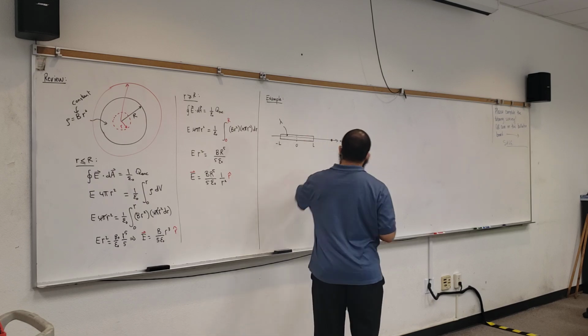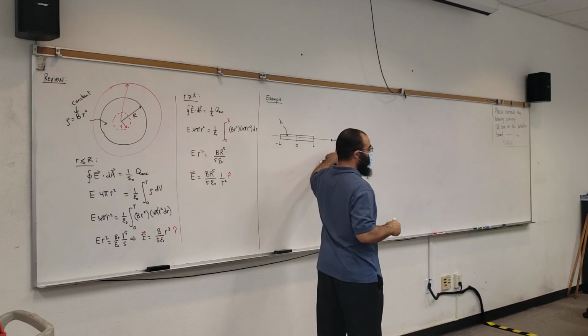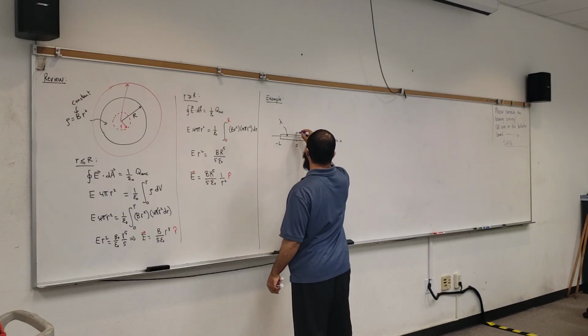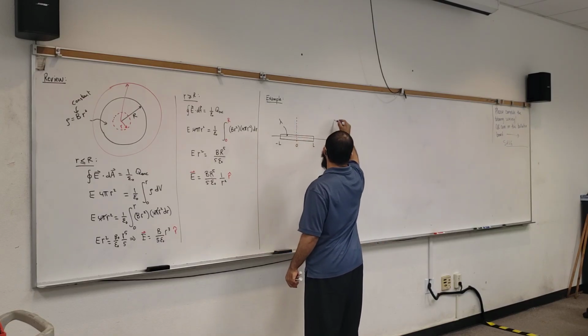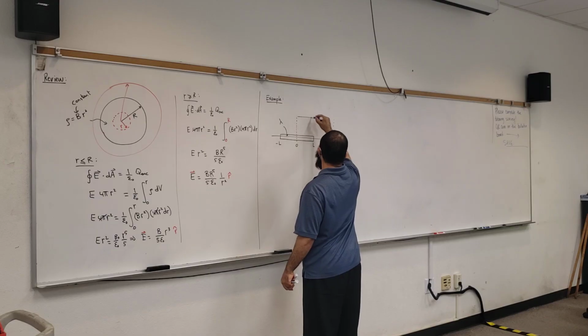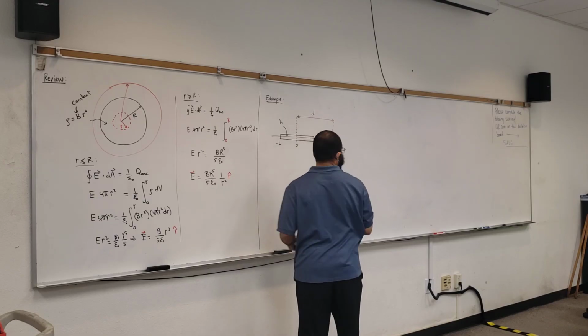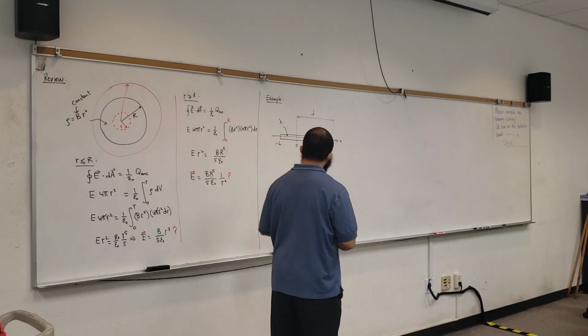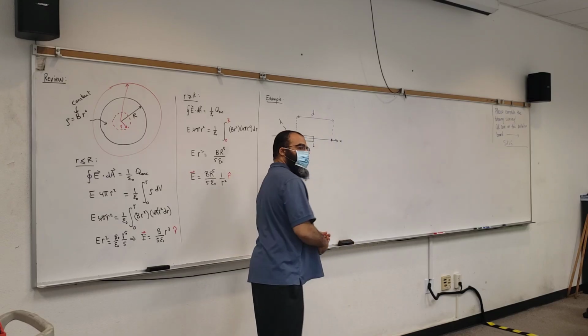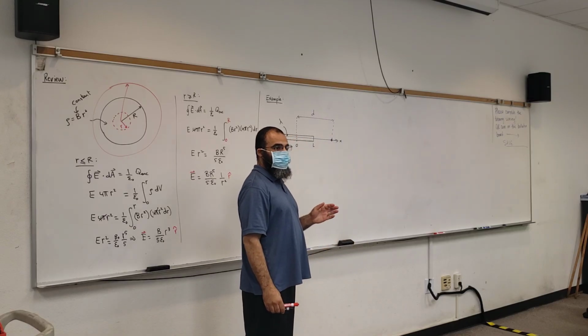What's the electric field at this point here? Suppose this point is located at a distance d. Now, if we had a point charge, it would have been Q over 4 pi epsilon naught times 1 over r squared.